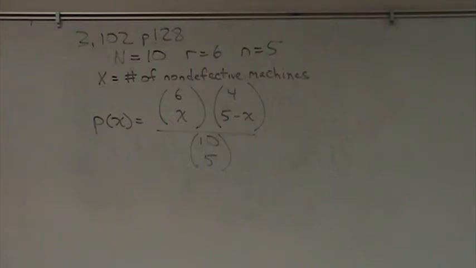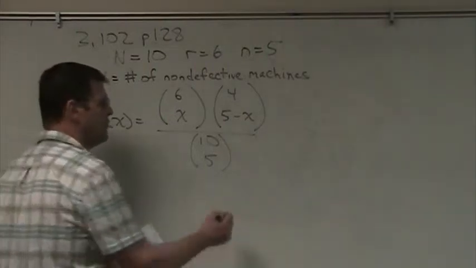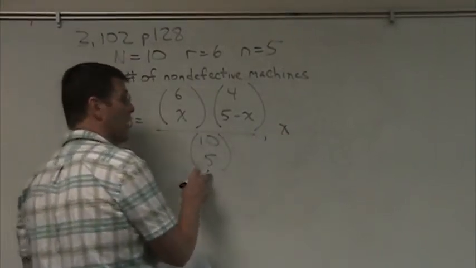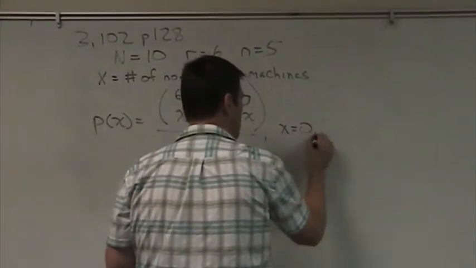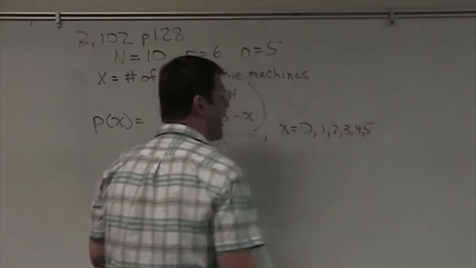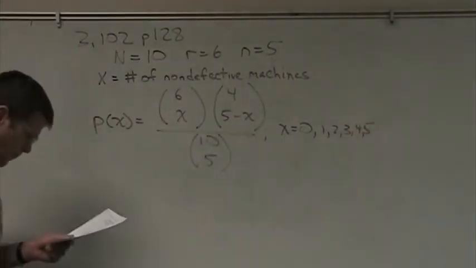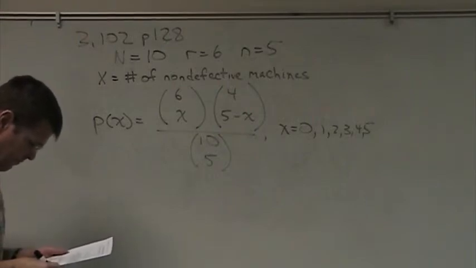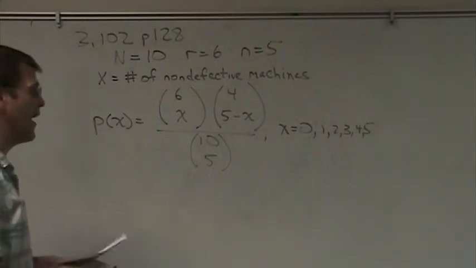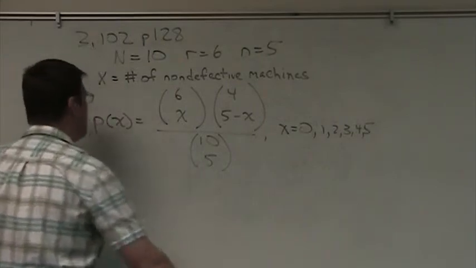Again, the sample size is larger than the group 1 size, so x is bounded by the value of little n. X is 0 through 5. Again, in this problem, we're interested in the probability that all 5 are non-defective.